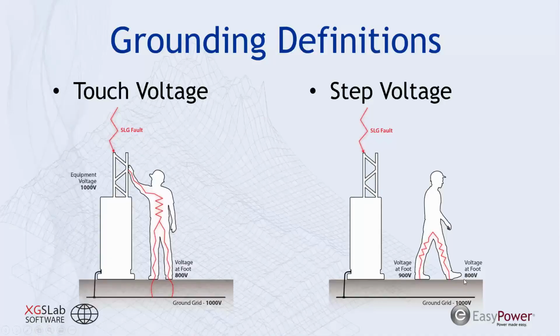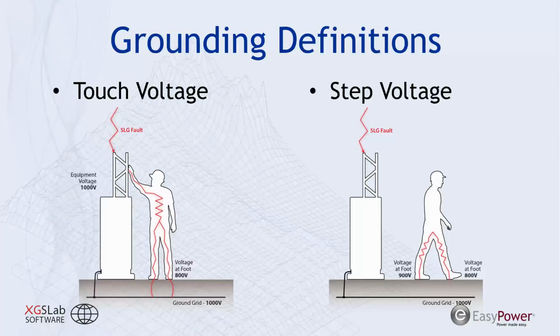And so this is what we would call a 100 volt step potential. Now, when you're doing a typical grounding analysis, you would evaluate touch voltages where equipment can be touched. And step voltages obviously are within a given area. You don't have to be touching a piece of equipment.